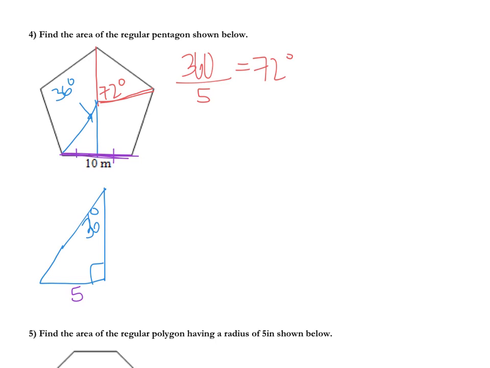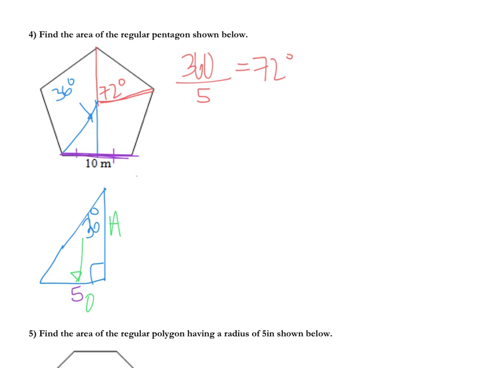We can't use a special right triangle because the angle is 36 degrees. So instead, we want to use trig. Looking at 36 degrees, we need this side, which was given to us, and then the apothem. We don't care about the hypotenuse. With regards to the angle of 36 degrees, across from it is the opposite and next to it is adjacent.